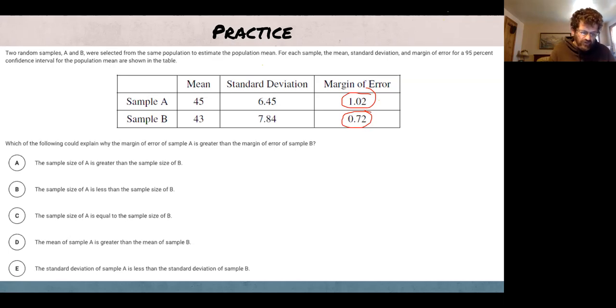And before we look at the answer choices, let's remember what affects the margin of error. So if I go to just the margin of error calculation, it's T star times S over the square root of N. So let's just say we want to decrease the margin of error. I'm going to rewrite this just a little bit.